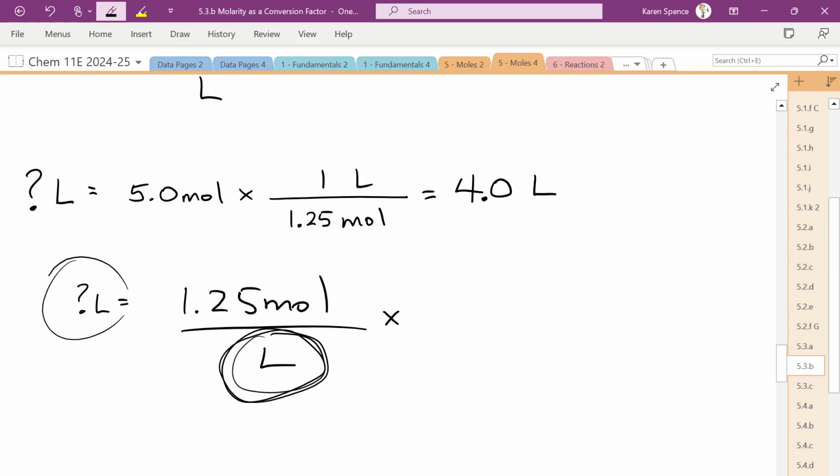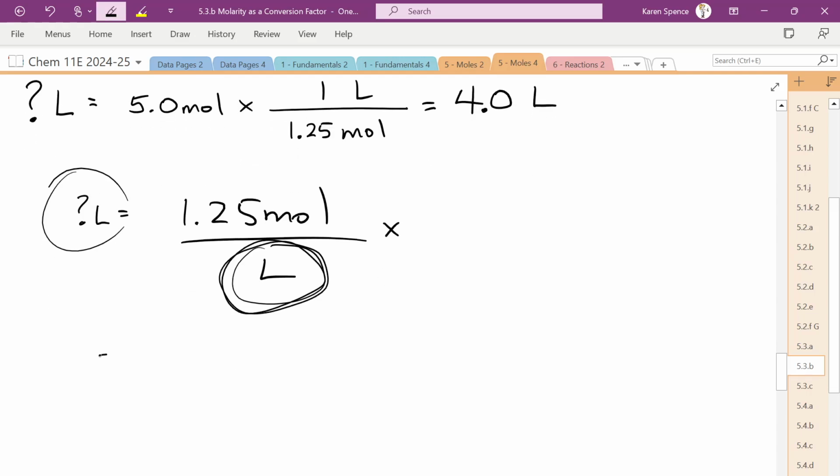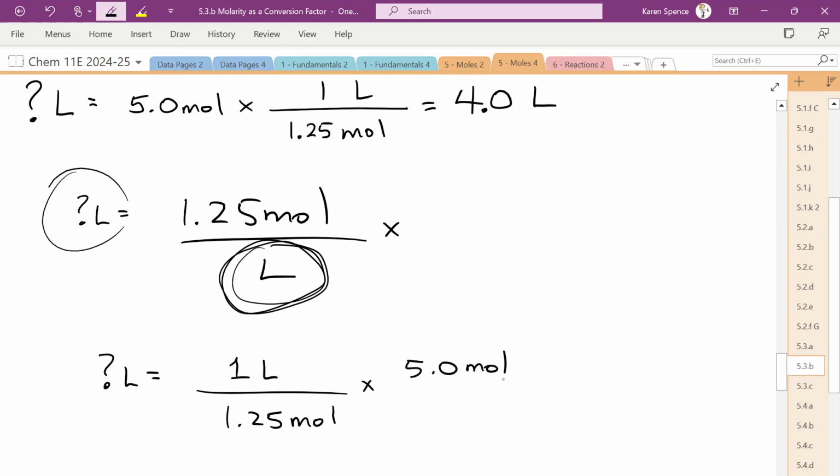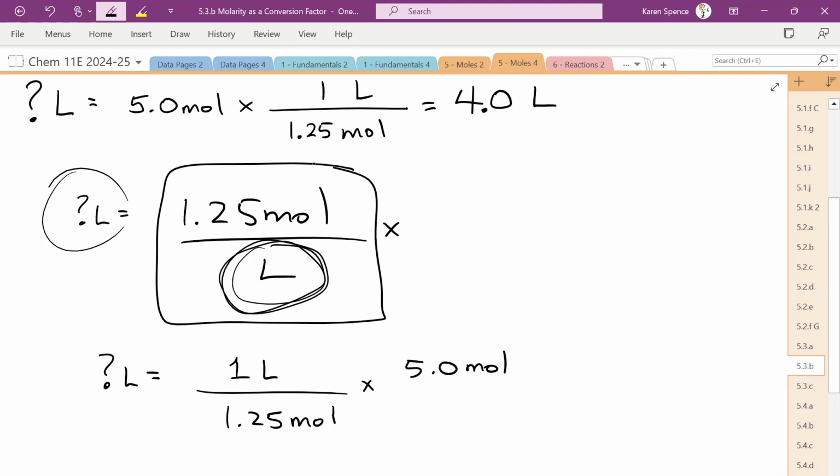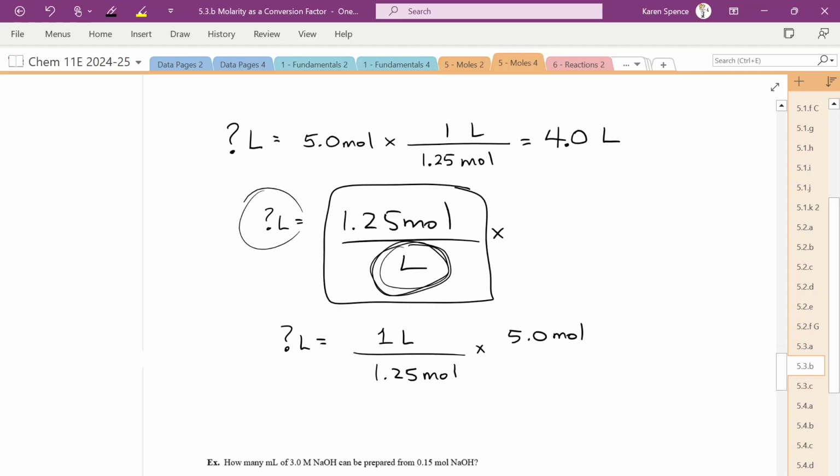So if you did want to start with this number, you would have to say, I have 1 liter, so that the liters are on the top, per 1.25 moles, and then I could multiply that by the 5.0 moles. But that's the most common way that people go wrong, is they try starting with this number and it leads them down the wrong path. So just remember, molarity is the conversion factor. It comes where the conversion factor goes.